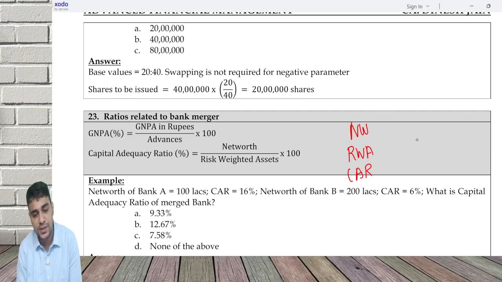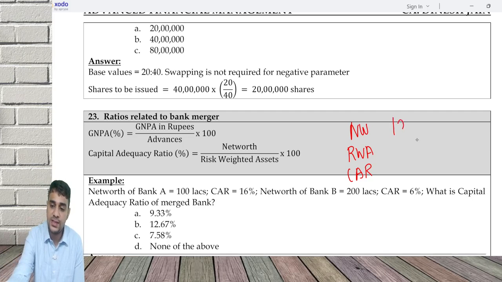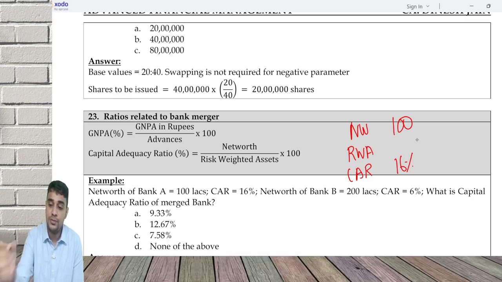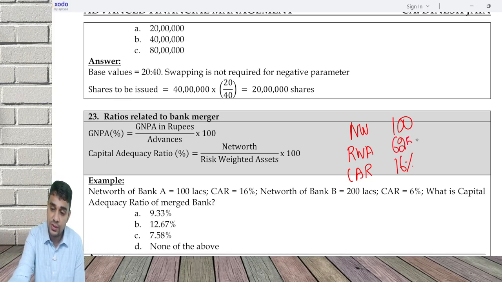What is the net worth of the first bank? 100. What is its capital adequacy ratio? 100 divided by something is 16. What is that something? Do the inverse and let me know. 625. Then the second bank. Net worth is how much? 200. Capital adequacy ratio 6%.